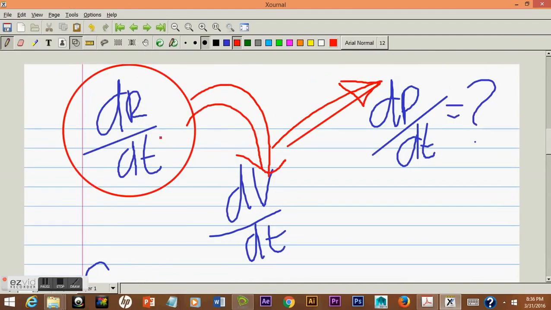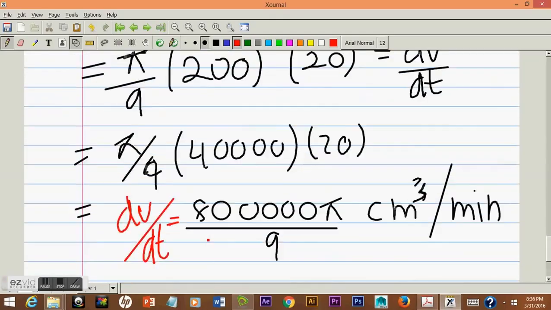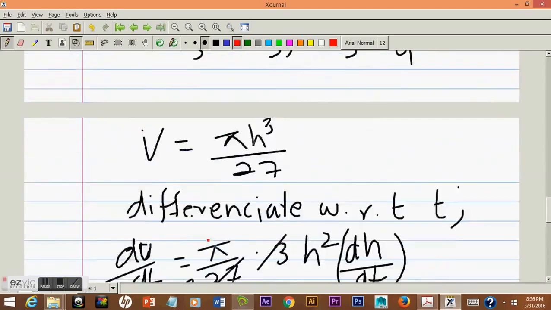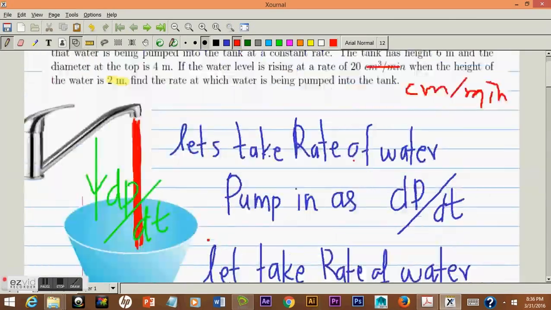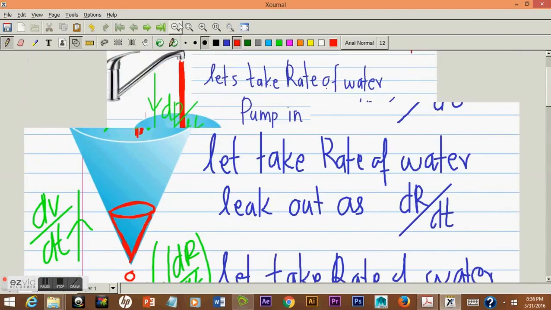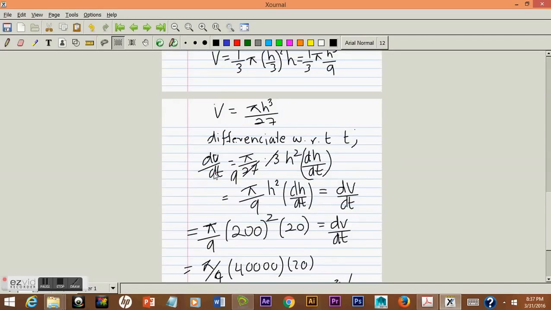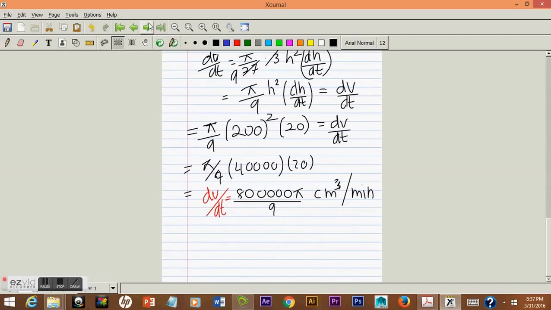So dr/dt is given, and dV/dt we found. Now we can go to dP/dt. We have to take the diagram again to explain it. I'll zoom out and try to pick up the diagram again.